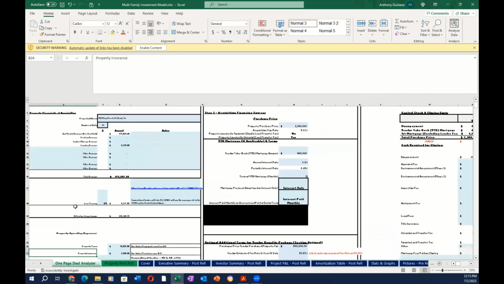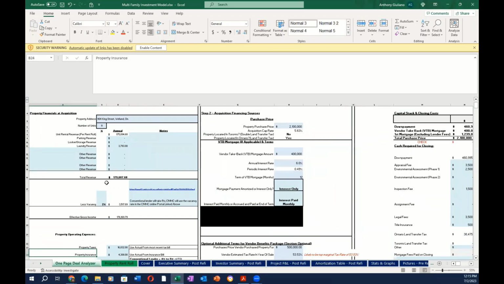Sometimes I like to print out this whole tab and have the whole deal on one big sheet of paper to show somebody. It's the giant executive summary, I guess I'll call it, or just use it as your input sheet.